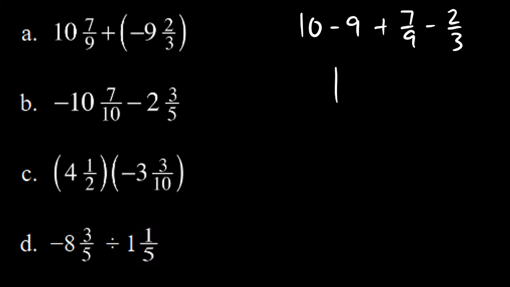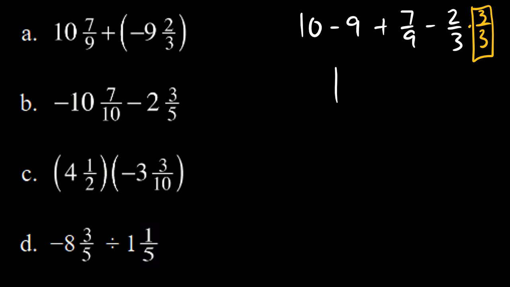I'm going to turn this 2/3 into ninths by multiplying it by 3 over 3. Again, big idea, right? Anytime I see a value, I could multiply it by 1, any form of the number 1 I want, and it doesn't change its value, it just changes its form.